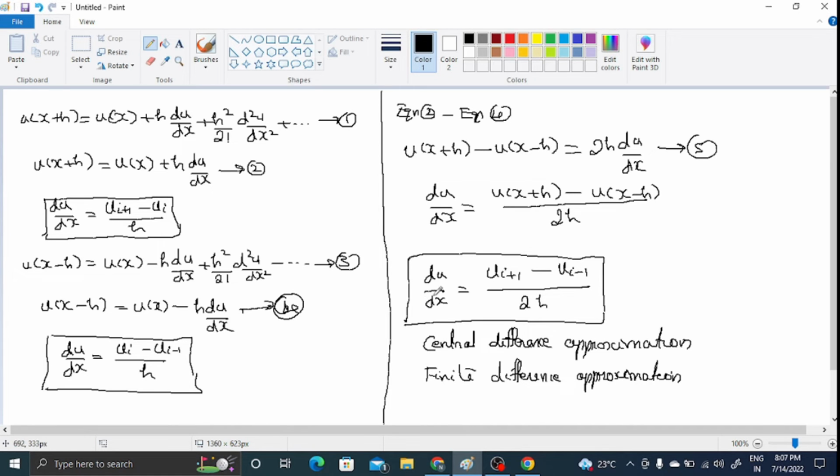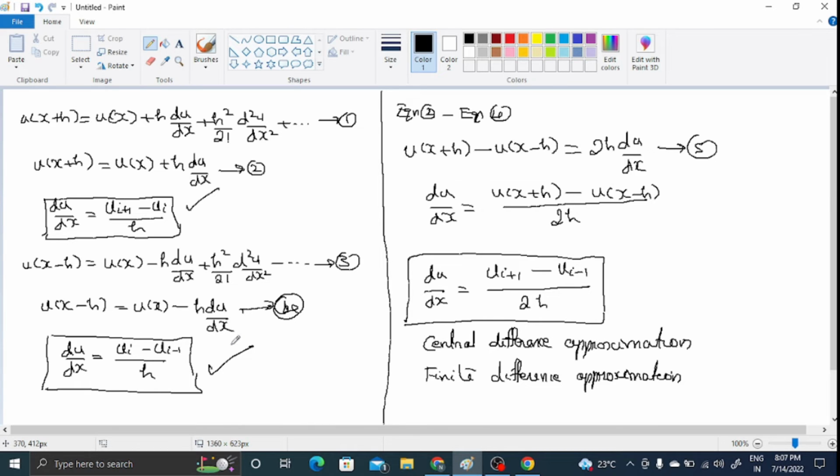One more method to derive this one is to just take the average of these two equations. If you take the average of the forward and backward equations, we have du by dx is equal to ui plus 1 minus ui minus 1 divided by 2h. Okay. So please note, we discussed three different types of representation of du by dx.